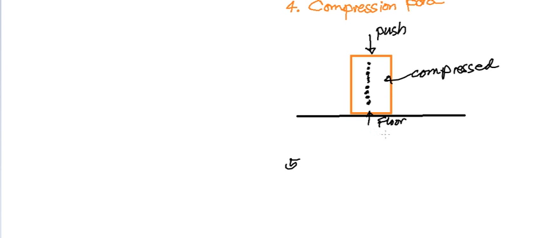That force is what we call the normal force. Meaning to say that we have another force, which is what we call the normal force. And this normal force is present everywhere whenever there are contacts between two objects.